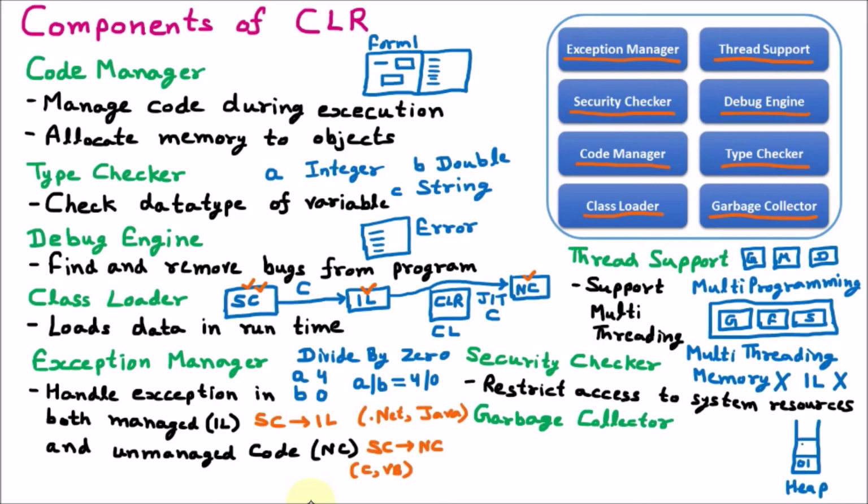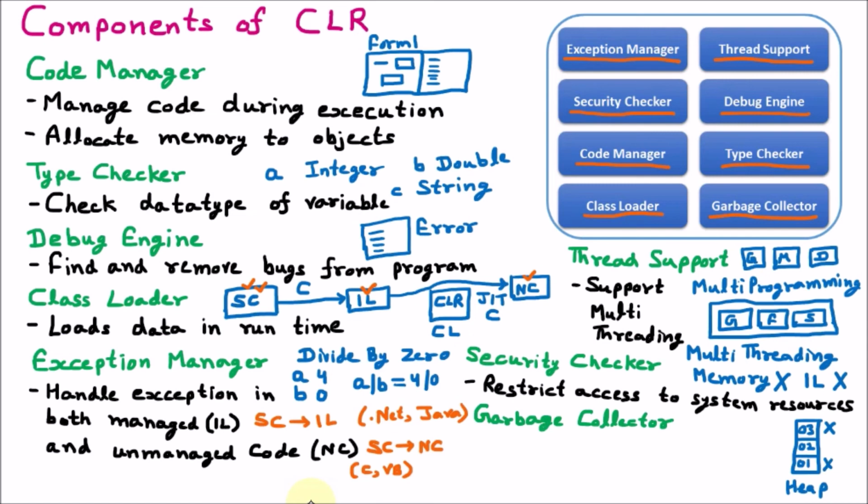Now let's say object 2 and object 3. So these objects are created, and whenever we keep on creating objects, they are stored in the heap.